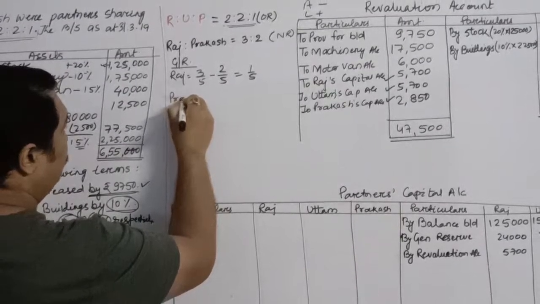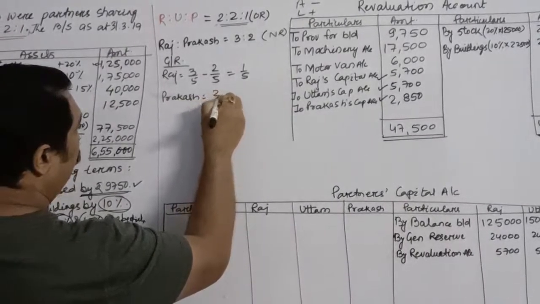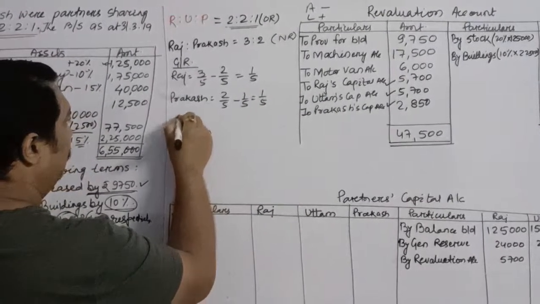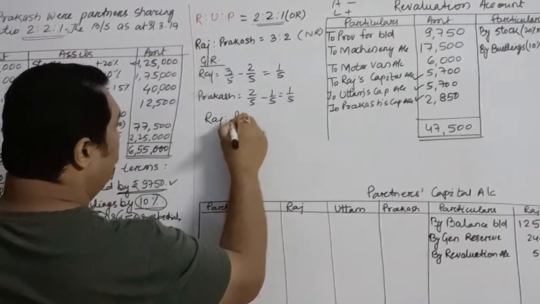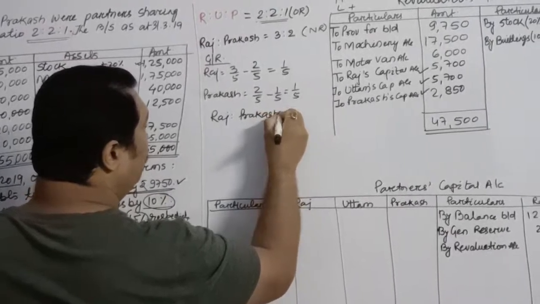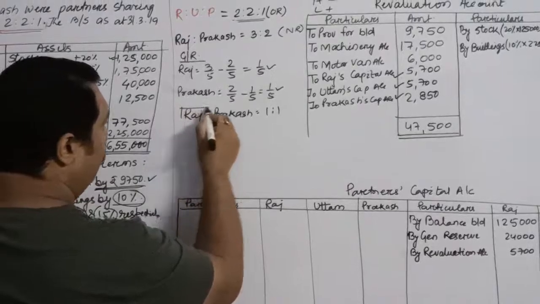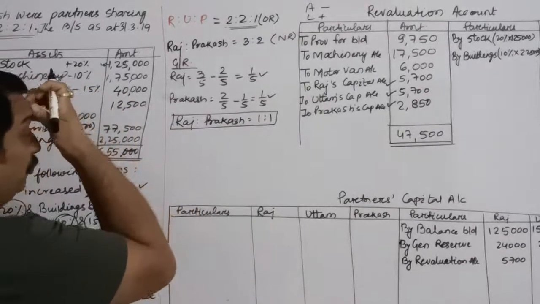And for Prakash, it is 2/5 minus 1/5. It is 1/5. So the gaining ratio between Raj and Prakash is 1/5 and 1/5. That means 1:1.